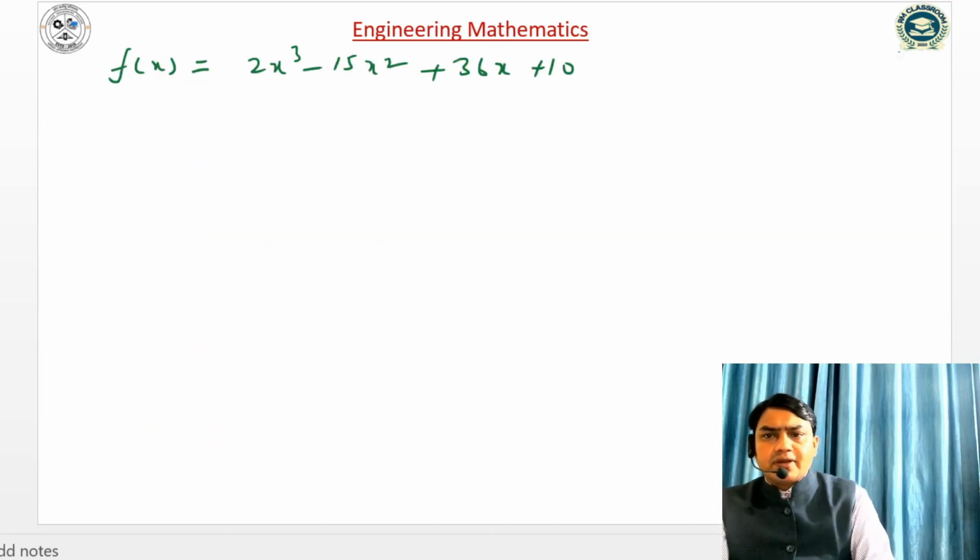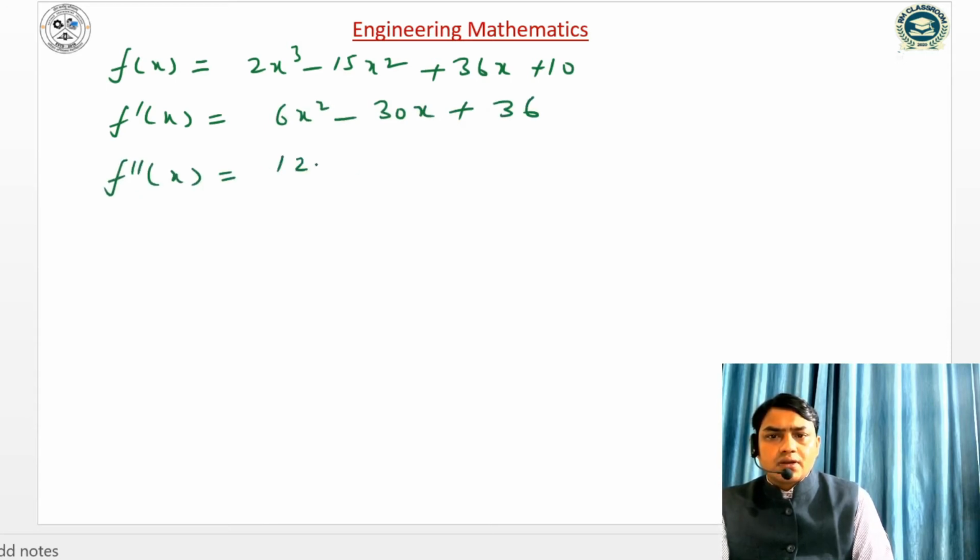If I compute f dash x, so f dash x is equal to 6x square minus 30x plus 36, and f double dash x is equal to 12x minus 30. So for the stationary point we have to take f dash x as 0. So f dash x is equal to 0.